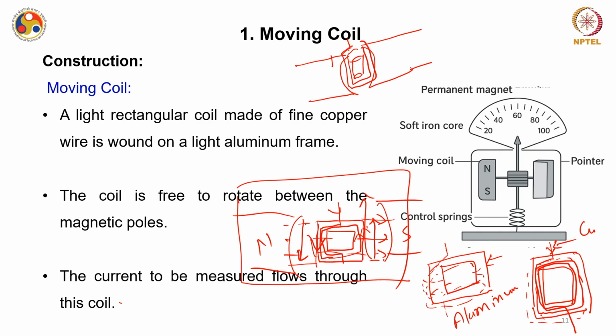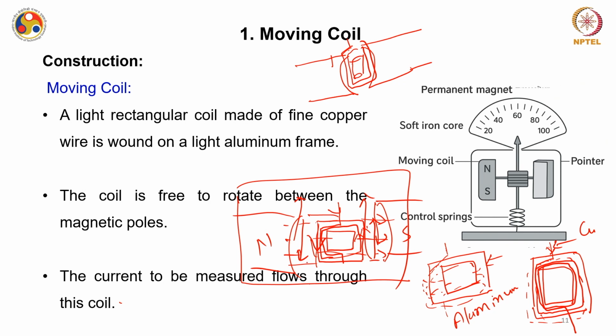The direction of the force can be given by Fleming's left hand rule. So you have current flowing like this and flux lines like this, so you have a force coming upward. Just the opposite force is acting on the other side, because the current direction is just opposite.